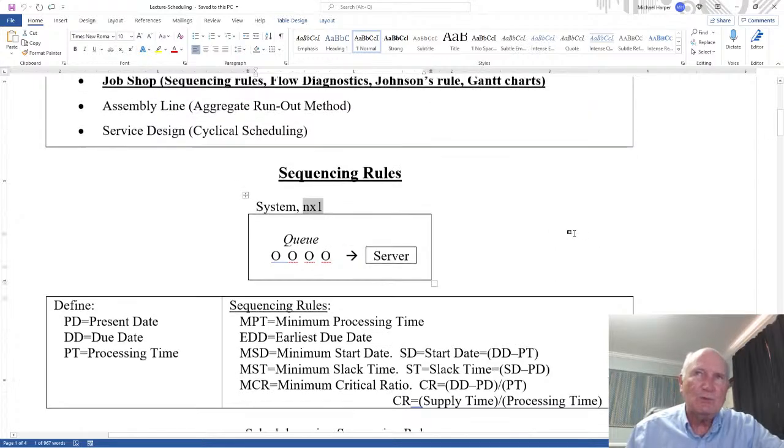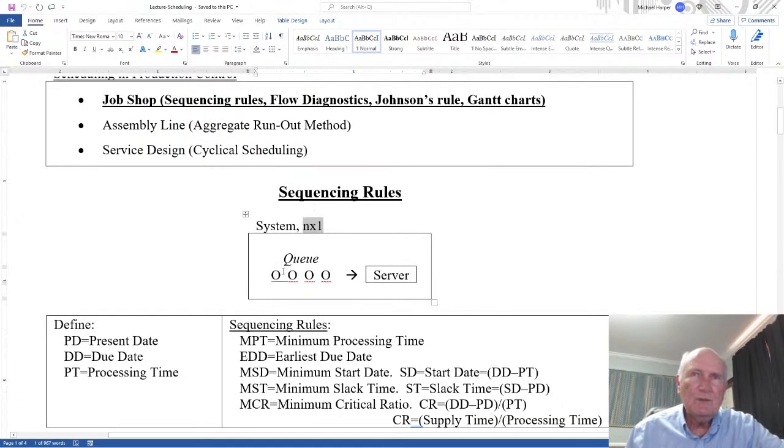Okay, sequencing rules. What does that mean? When these jobs arrive at the queuing system, suppose they can be ordered any way that we want. Each one of these jobs is going to have a different processing time through the server. The server takes a different amount of time to process each job.